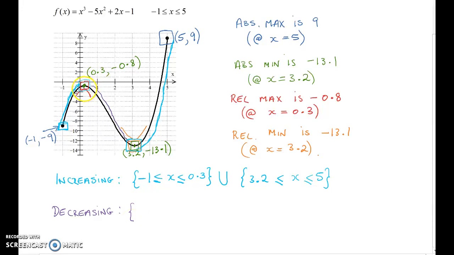So this was a maximum, and this is where it begins to decrease, and the x-coordinate was 0.3. We say 0.3 is less than or equal to x, is less than or equal to, so it decreases all the way to 3.2. When x is 3.2, that's where it finishes decreasing. And that's the only interval in which this graph decreases.